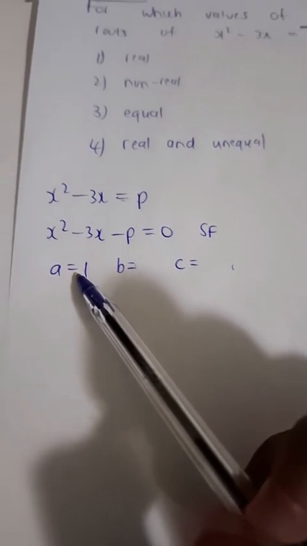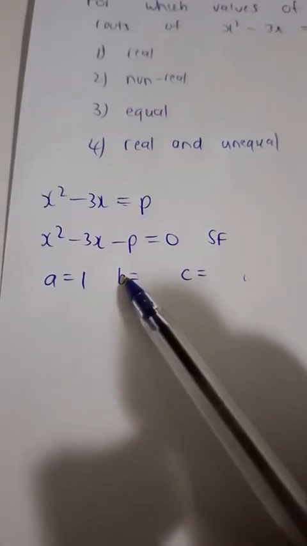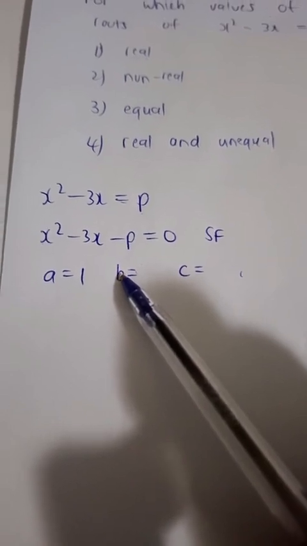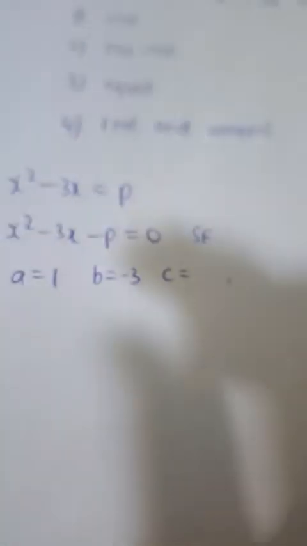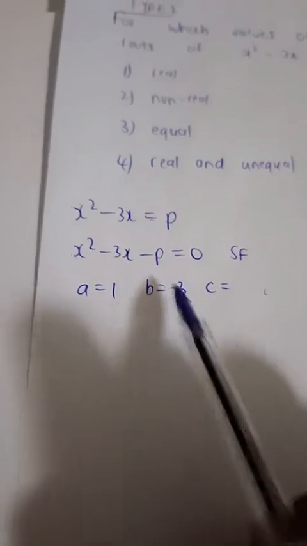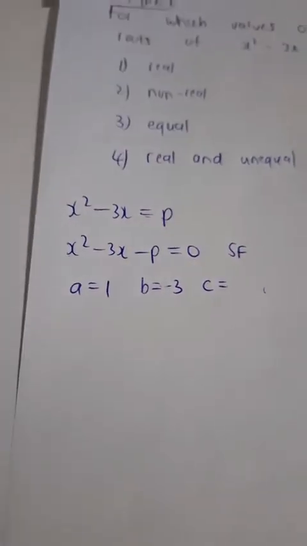Okay, the value of b. Let's say you were saying for b it's negative 3. Okay, you are right. What is c though? So a is 1, b is negative 3. What's c?